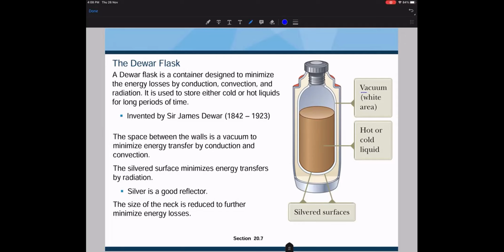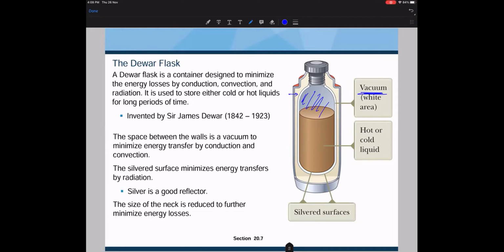You have the vacuum. So the vacuum means that you do not have any air particles between the chamber that contains the hot drink and the surrounding. So in this case, you would reduce the heat transfer by conduction.